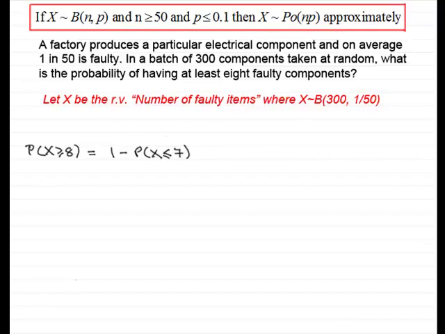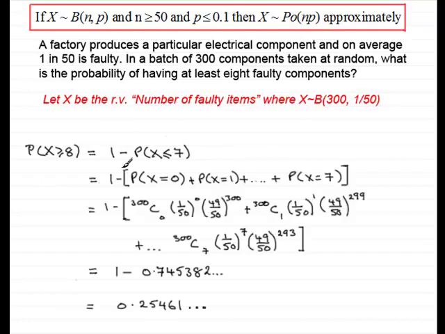So if you were doing this by hand, and I've done it for you just here to save a bit of time, you would have to do something along these lines: 1 minus the probability x equals 0 plus 1 and so on all the way up to 7. And then work out for each probability the particular binomial probability using the formula that you see here.